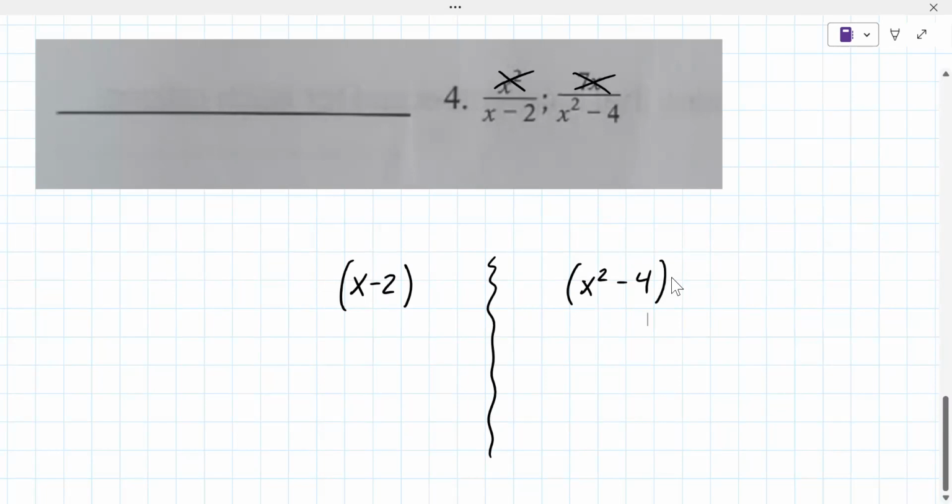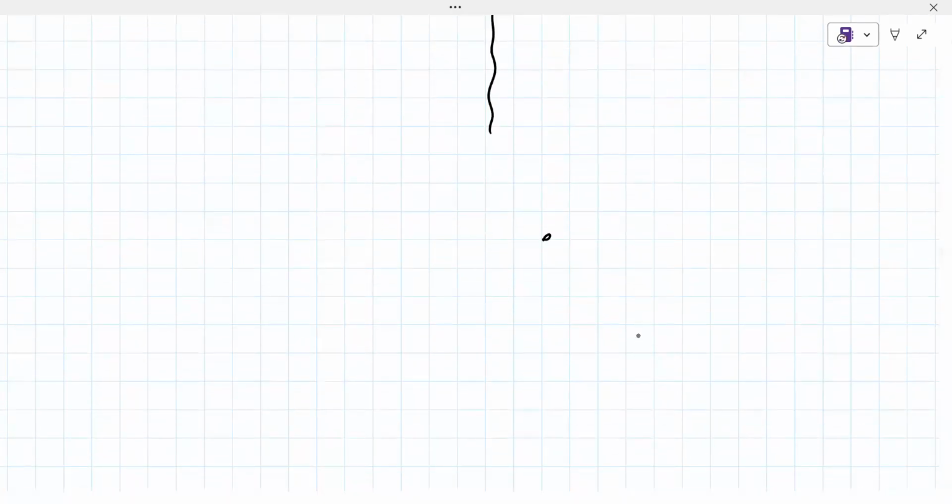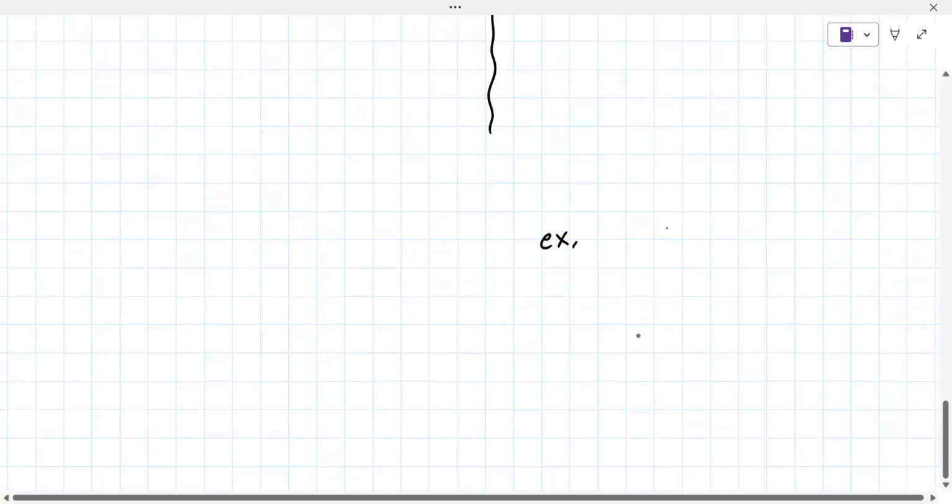I wouldn't know the term. It's called difference of squares. Difference of squares. Okay, let me write that down. Have we talked about that? I believe we did. Yes, we have. Okay. So I'm going to give you an example rather than just doing this one for you. Let's say it's x squared minus 25.